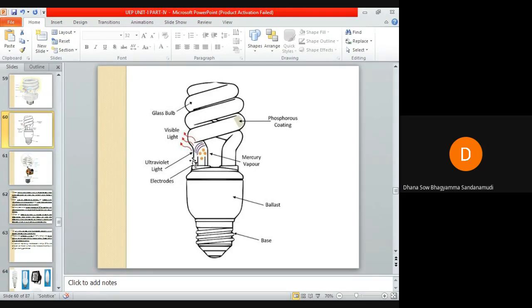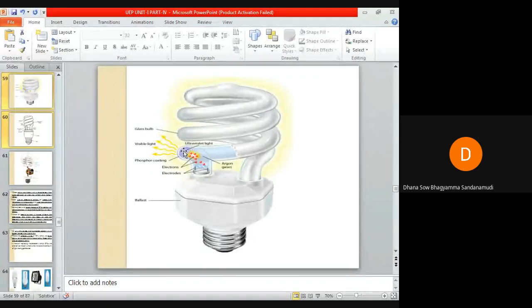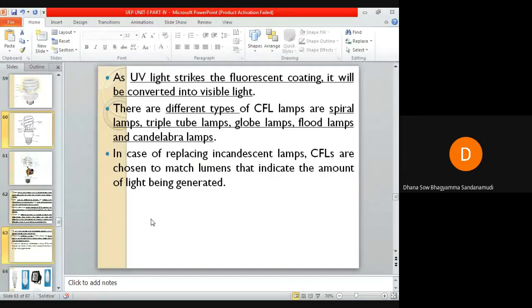Okay, and the electrons that are bound to the mercury atoms will be excited, and ultraviolet rays are emitted within the tube by this mercury. When these ultraviolet rays come in contact with the phosphorus coating within the tube, this phosphorus coating will emit the visible light. That is the operation of this lamp.